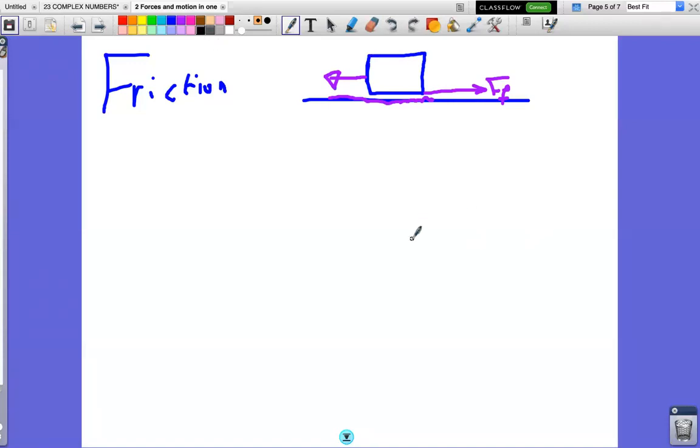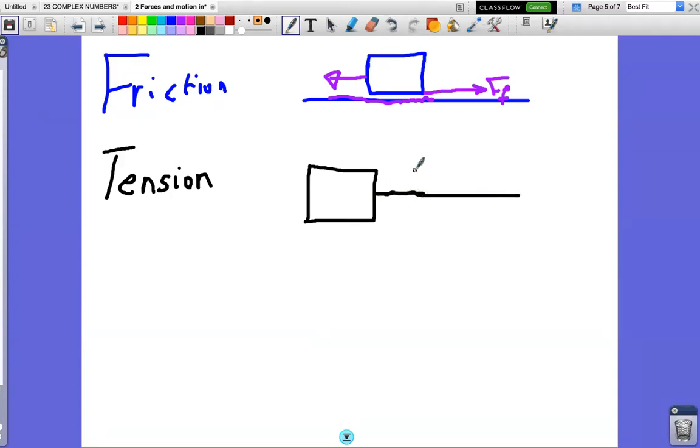One very important force: tension. Tension. Very difficult to understand. It's a force that acts on a string or a spring.